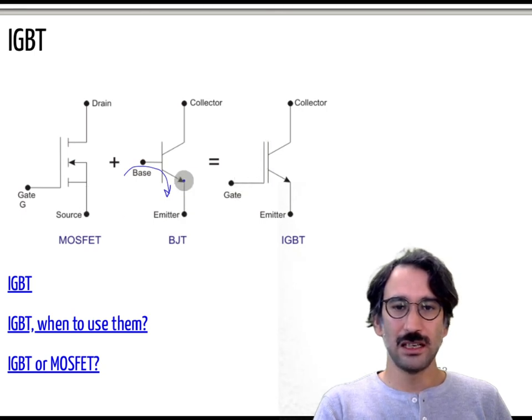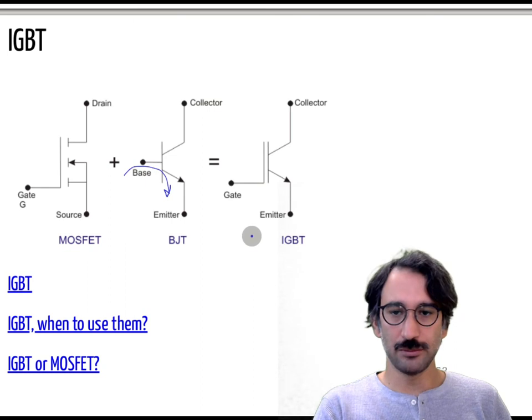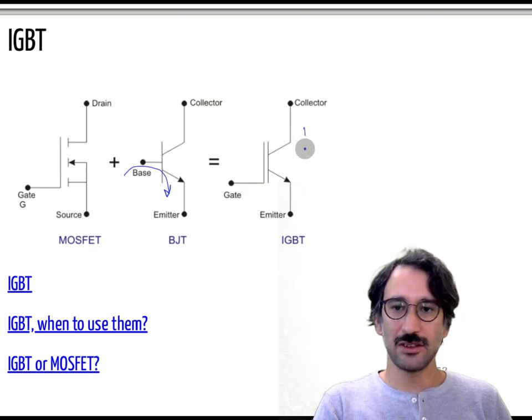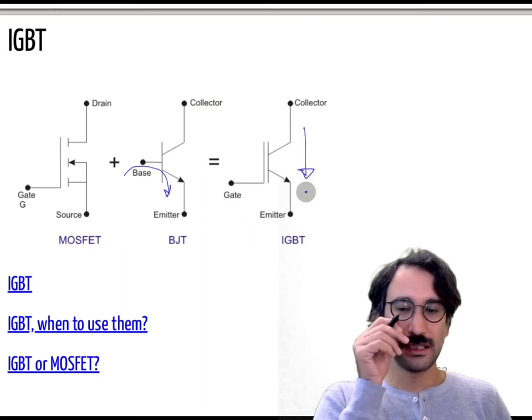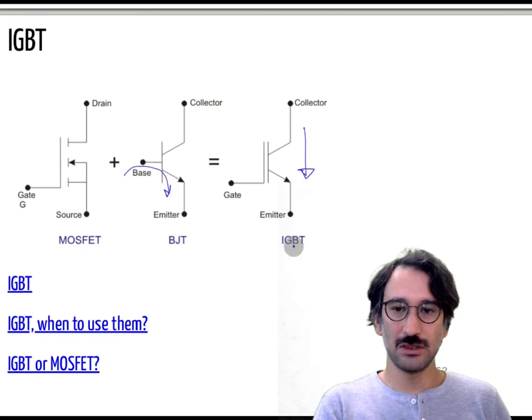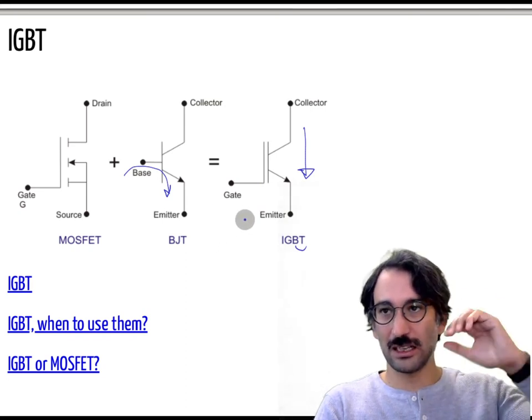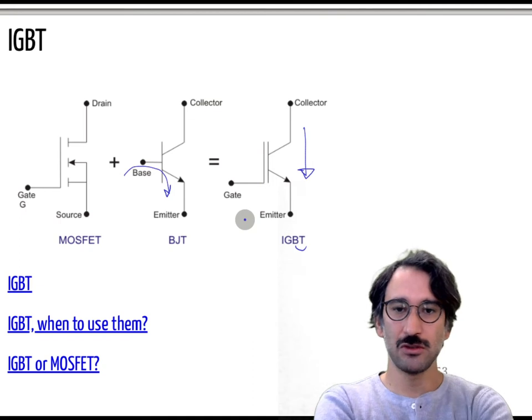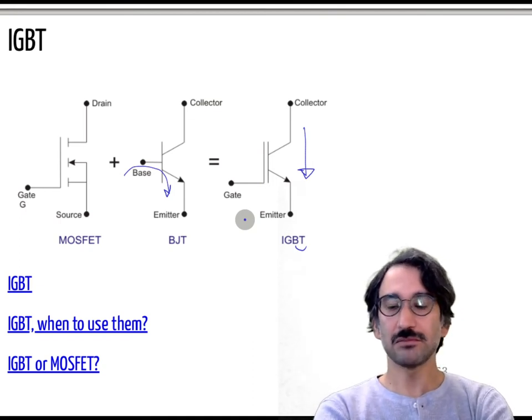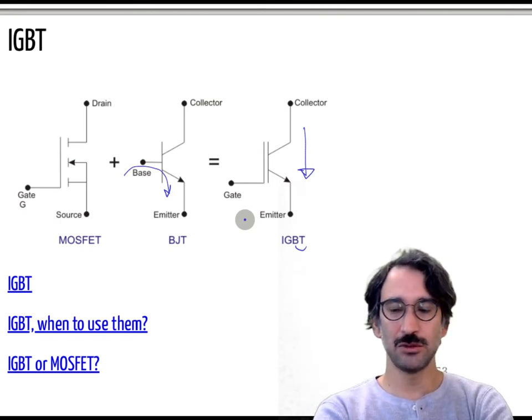The gate is similar to a MOSFET, but that structure is basically like a BJT, so that is where the term comes from. It can be used for really high voltage and current applications, and for voltage ratings above, let's say, 500 volts, a MOSFET is not suitable. So IGBTs can withstand those voltages.